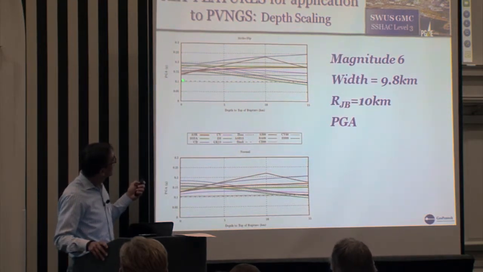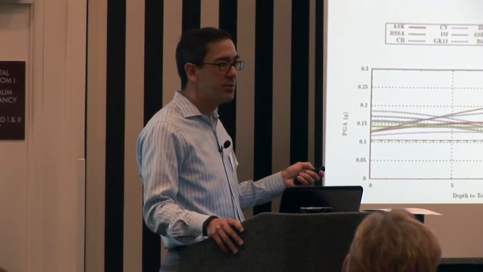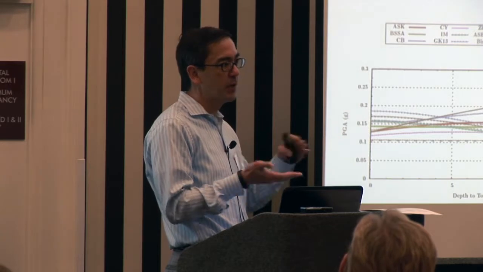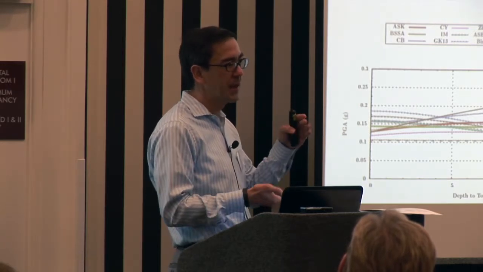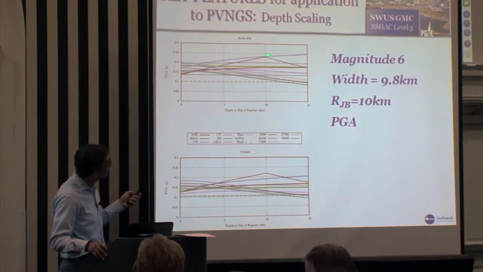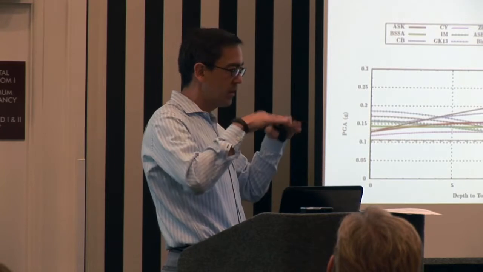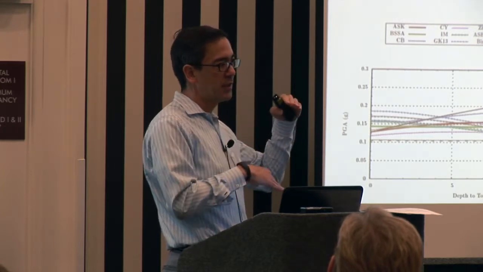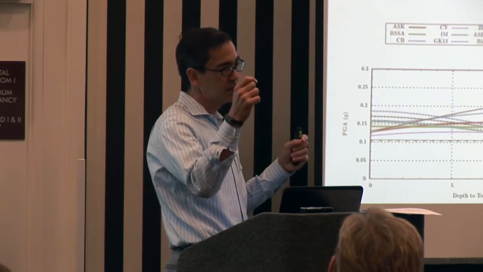The other thing to notice is that some of these models are perfectly flat across, and that's because they're a function of the JB distance, which doesn't change, or they don't have a function of the depth to the top of rupture. So that wouldn't cause any change in their ground motion predictions. But you can see you have a spread in the models. The reason that some of these models start to dive off is that as you go to a deeper top of rupture, not only are you changing the top of rupture, but you're also changing the rupture distance because of the slant distance.